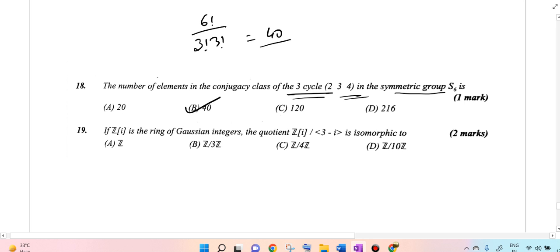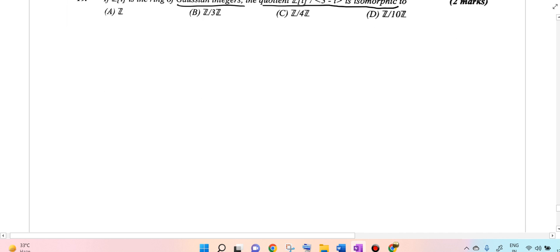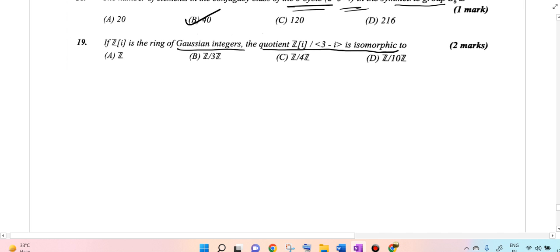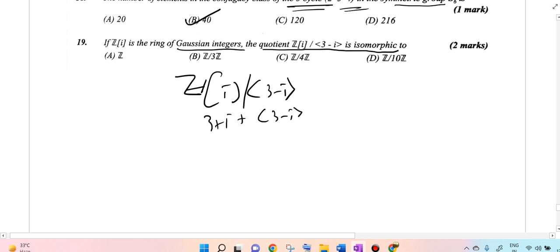Last question. If Z[i] is the ring of Gaussian integers, then the quotient Z[i] by the ideal generated by 3 minus i is isomorphic to what? So here we have the quotient ring Z[i] by 3 minus i.